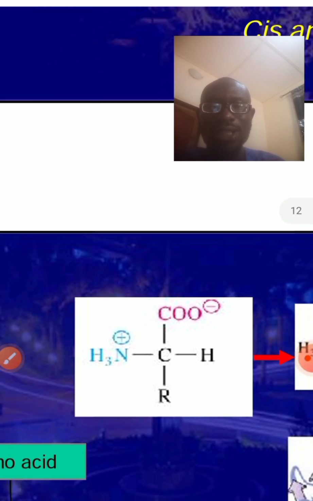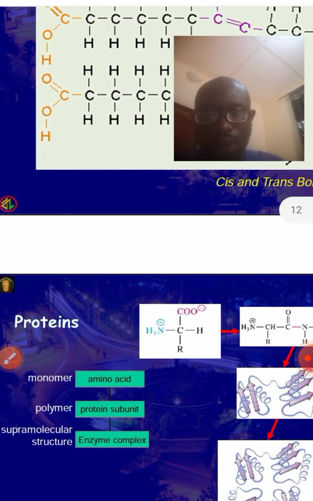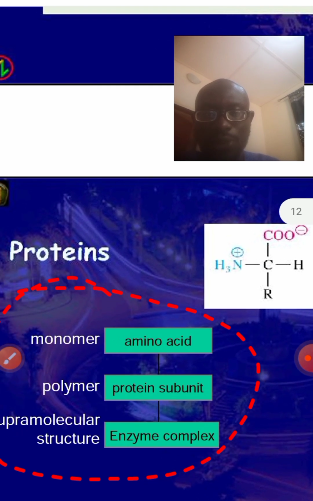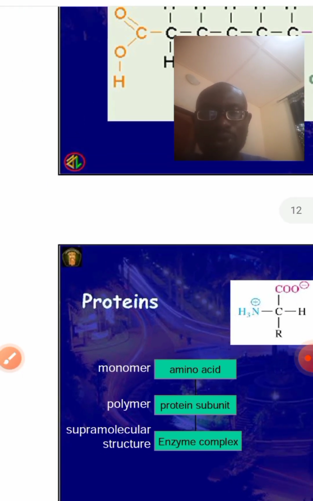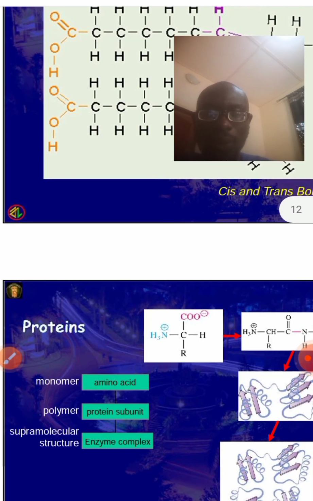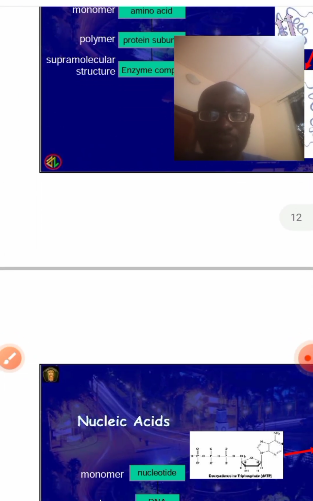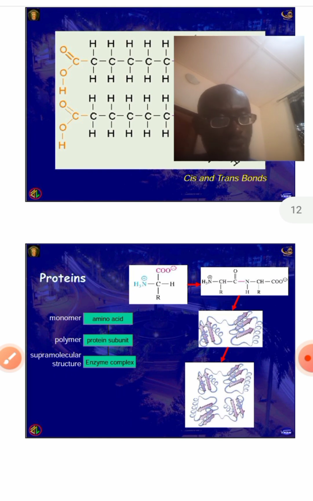So we can say that protein has an acidic side. And so I told you, the monomer is the amino acids, and then the polymer is the protein subunit. Then its supramolecular structure can be the enzyme complex. So that's basically the major thing you need to know about proteins, at least for now.